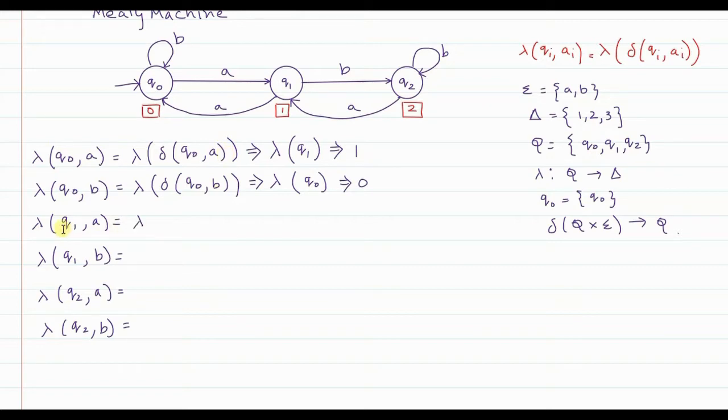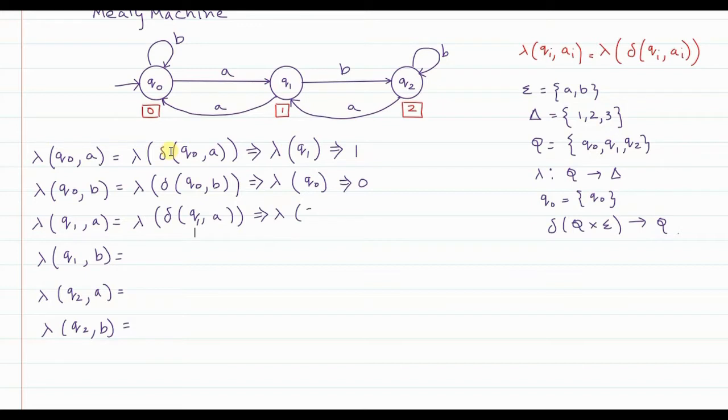So this can be written as, remember, I am just using this formula. So you have to remember this formula. Lambda of delta of Q1 on A. Now find out what is the transition of state Q1 on A. Q1 on reading A is going to state Q0.